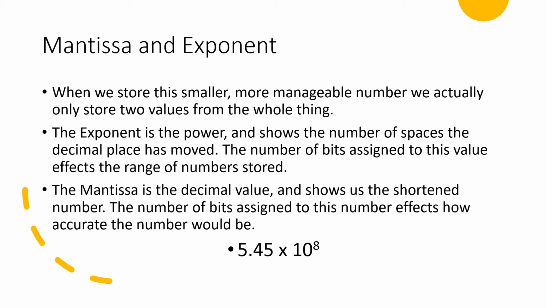So a little bit more about the mantissa and the exponent. When we're storing small numbers or very large numbers, we essentially break it down into two values. You can see down here I've got 5.45 times 10 to the 8. The exponent is essentially the power, this value here, and our mantissa is the decimal containing value at the front.